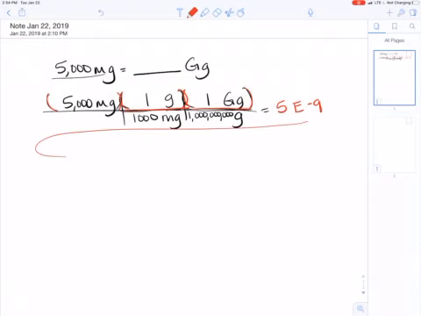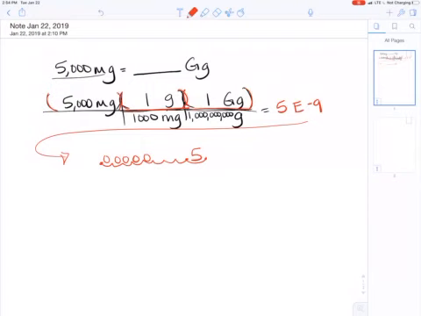Well, it's giving you the answer in scientific notation. So let me show you what that means. All right, so if you have the 5 and you put a decimal at the end, you would go 9 places to the left. So you've got 1, 2, 3, 4, 5, 6, 7, 8, 9.